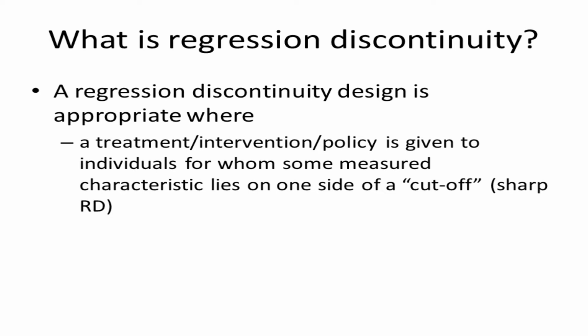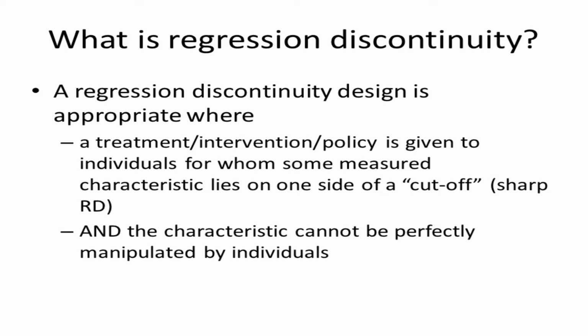And the people who get it have some characteristic which lies to one side of a sharp cutoff. So there is some characteristic which we can measure. Maybe it's your date of birth. If you are born before a certain date, then you get this policy, and if you're born after a certain date, you don't get the policy. That's a discontinuity. There's a cutoff there, defined according to your date of birth, and it produces a discontinuity.